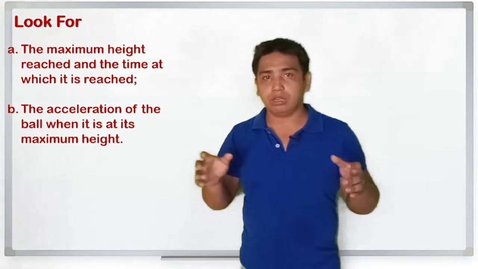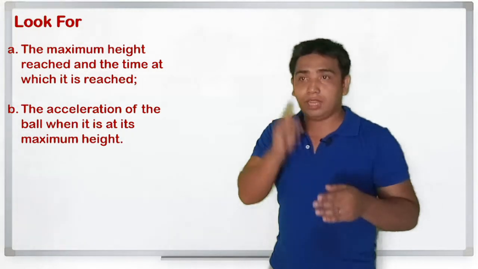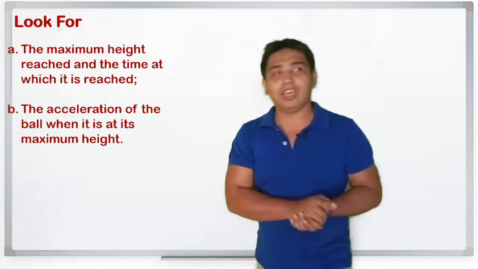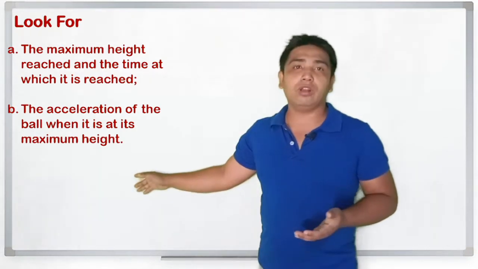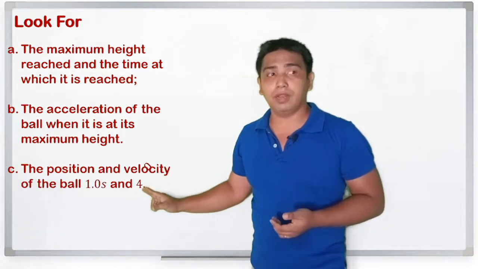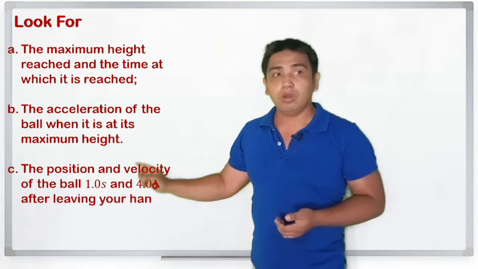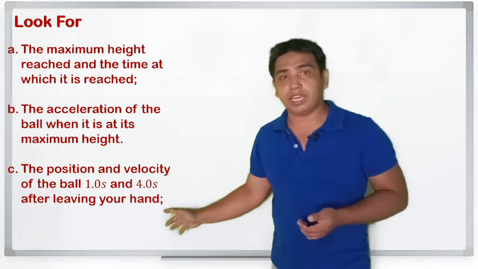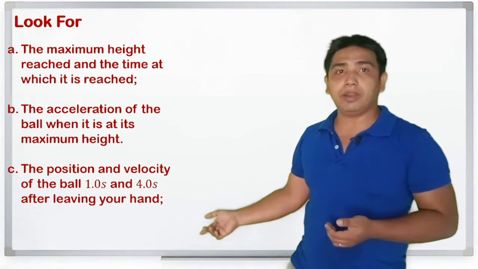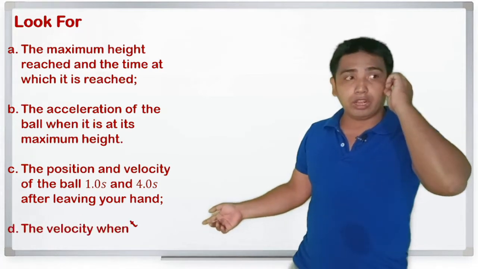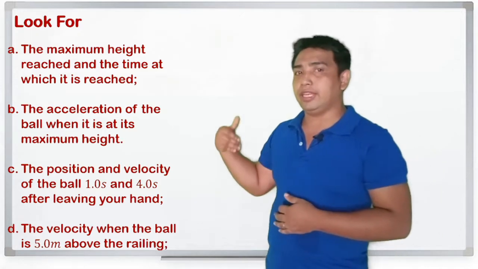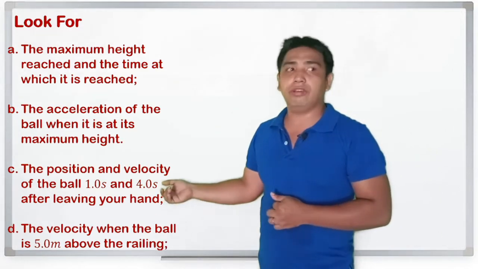We are going to determine if this is positive, negative, zero, or undefined. In part C, we are going to look for the position and velocity of the ball after 1 second or after 4 seconds after it leaves our hand. And lastly, in part D, we are going to look for the velocity of the ball when the ball is 5 meters above the railing.